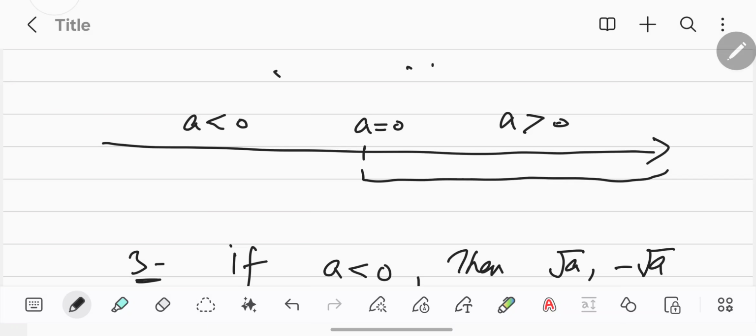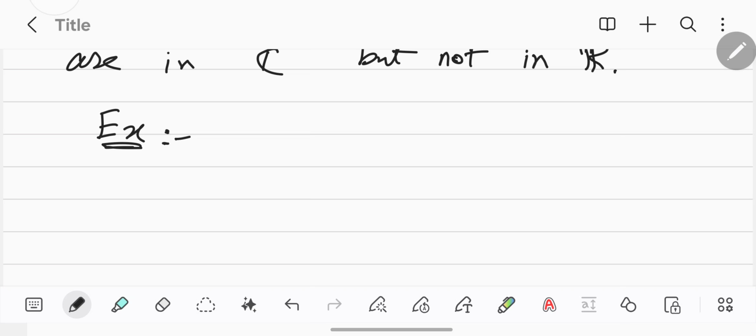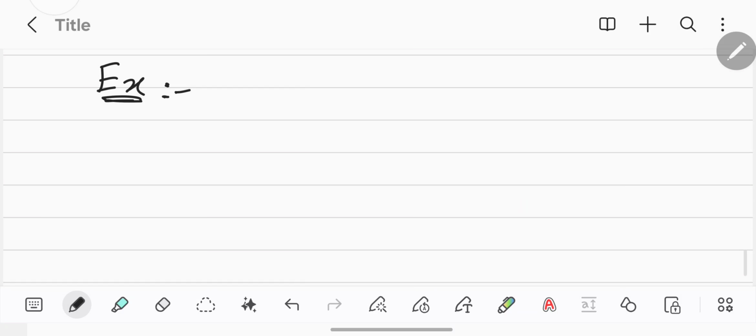You will land somewhere else in the imaginary world. Okay? Now we do different examples of the square root of a real number.